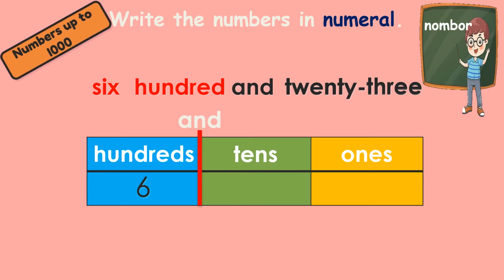Then the word N. For tens and ones place, we look at the word after N. 23. 20 in tens place and 3 in ones place. Change 20 to number 2. Then 3 to number 3. Now we can write in numeral 623.